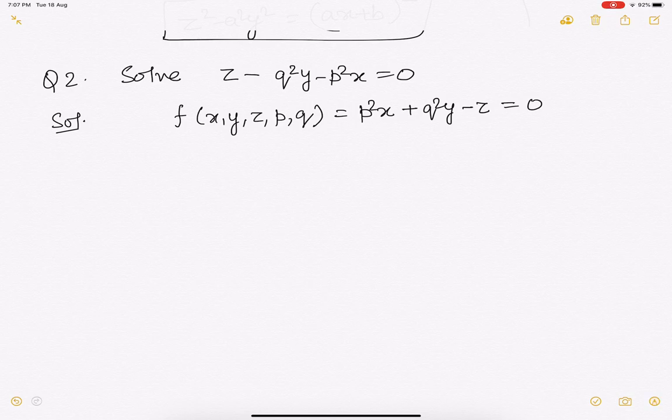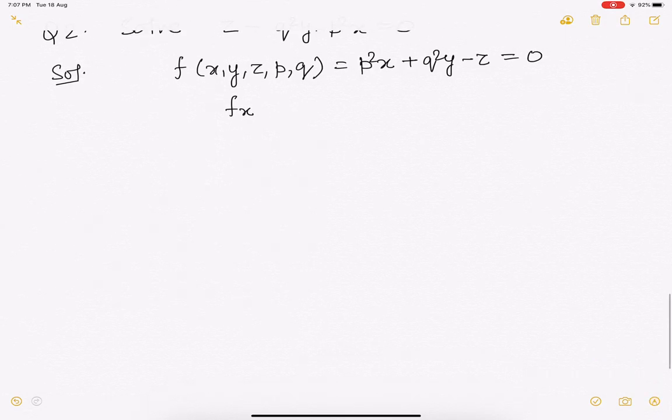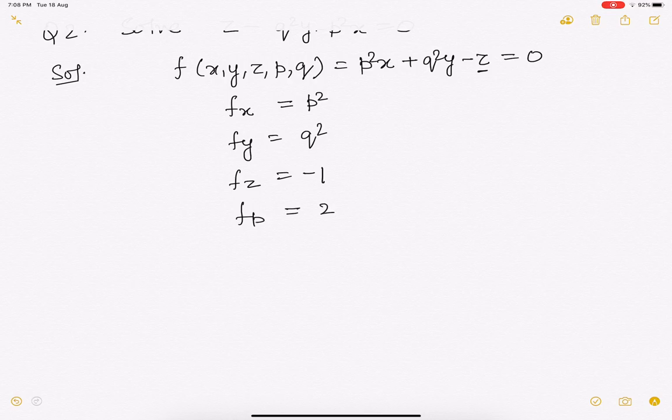Second step is to find the partial derivatives. fx is p square, fy is q square, fz is minus 1 because there is only one term of z. fp is the partial derivative with respect to p, it is 2px. fq is 2qy.